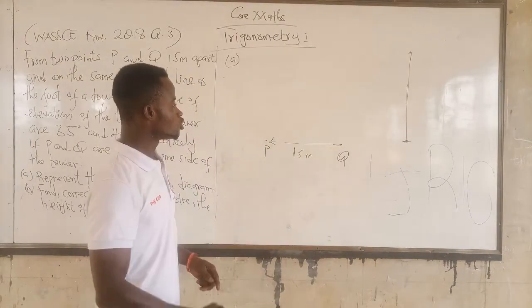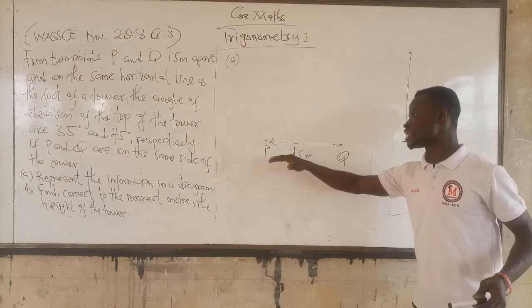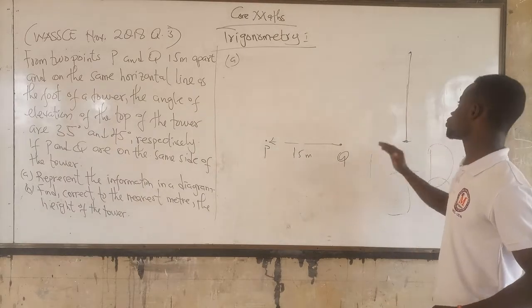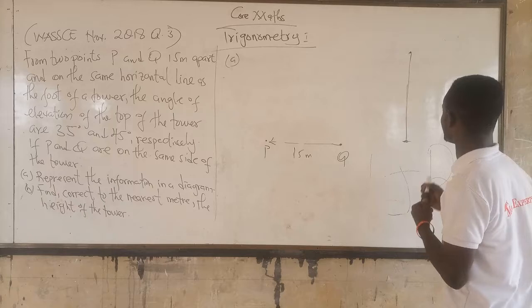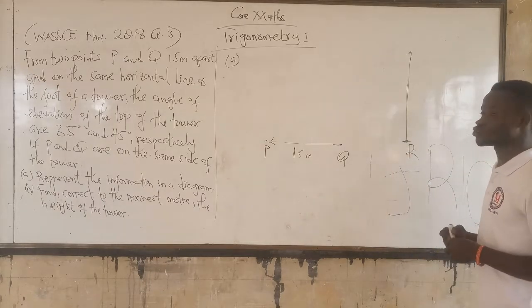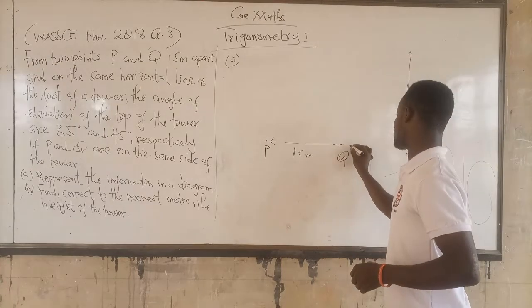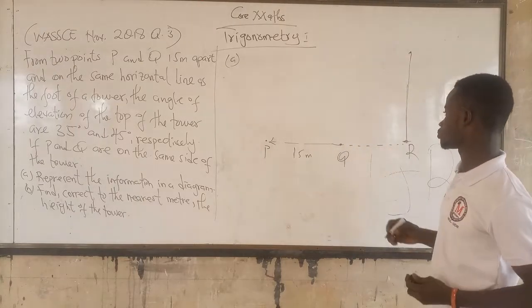Okay, let's continue. So the distance from the side where P and Q are to where the pole is, let's call this one R. We don't know this part.